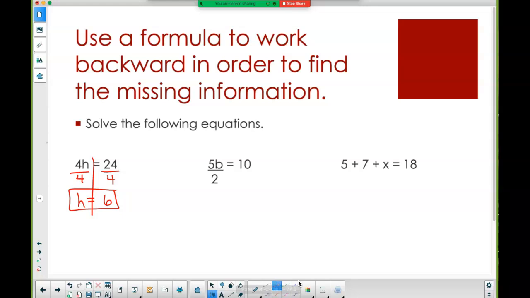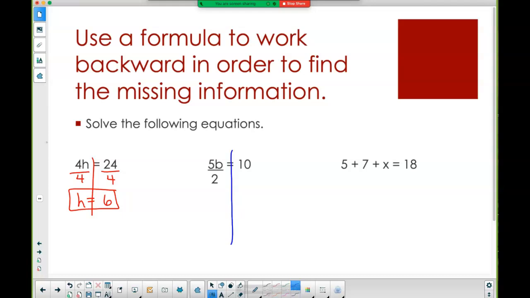Okay, so go to the second one. Draw a line by the equal sign, because that's what we're always going to start with. Now, in this case, we've got a couple of steps to do. First of all, the variable has a best friend. Do you remember what the variable's best friend is? What's the variable's best friend in this case? Not the 2.